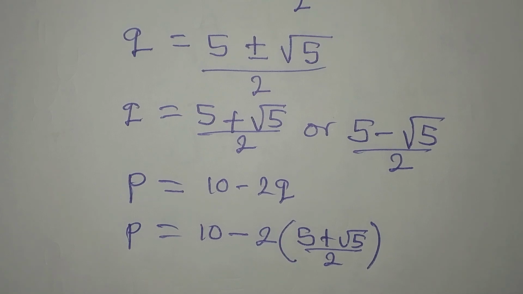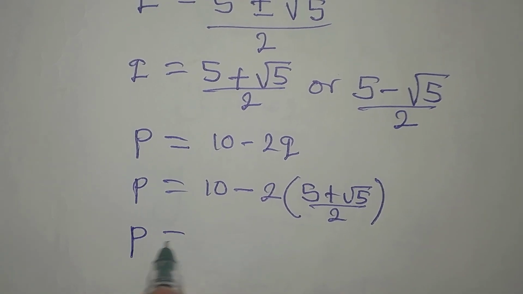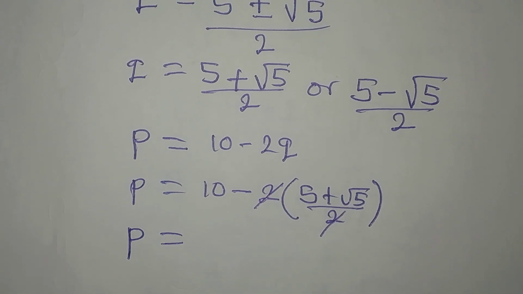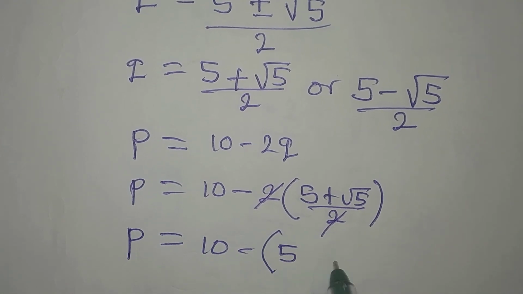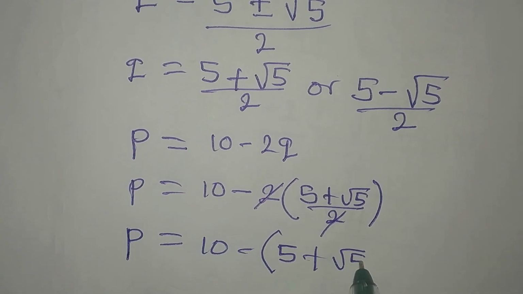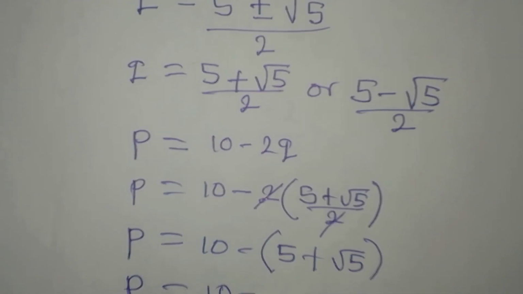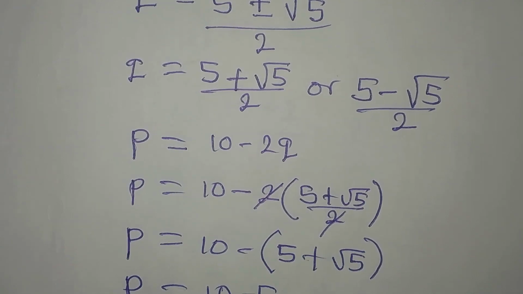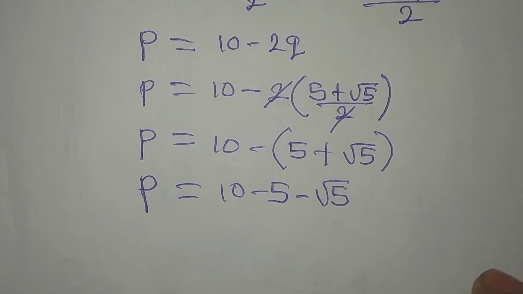Okay, we have used the first value of Q, so that P becomes 2, can take that out. So we have 10 - (5 + √5). And P is equal to 10 - 5 - √5, because the negative has to open the bracket.